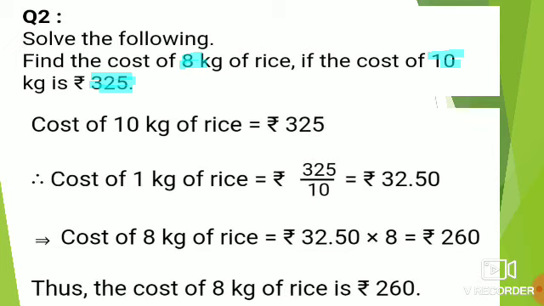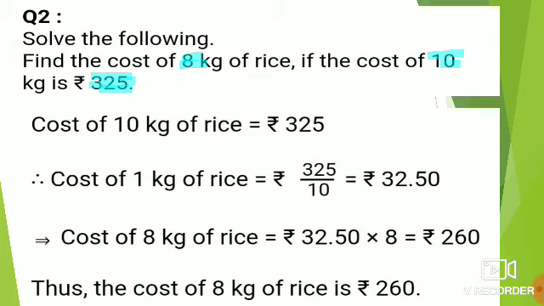32.5 means 32 rupees and 50 paise. Now we know the cost of 1 kilogram of rice. From that we can find out the cost of 8 kilograms of rice. Here also 1 to 8 kilograms, 1 to many. 1 to many means multiplication. So we will write the formula.